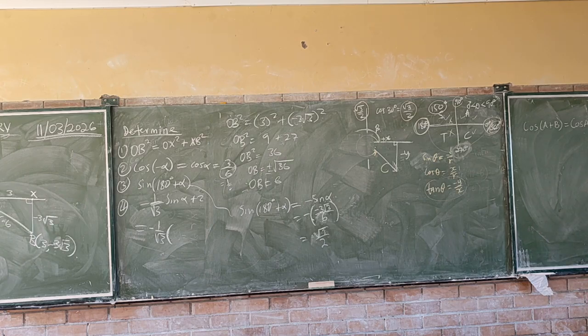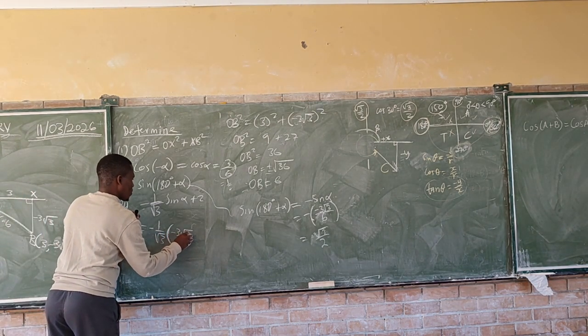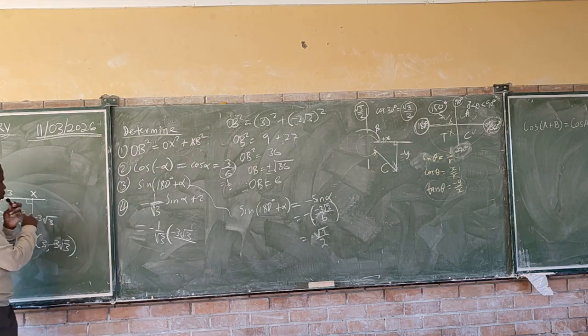You have to put yourself in the diagram. Sine of alpha, sine again over here. What is the opposite when you are here? Then you must write what you see there. Negative 3 over root of. What is the hypotenuse? Then you say 6.